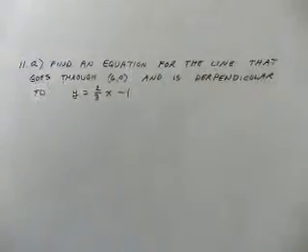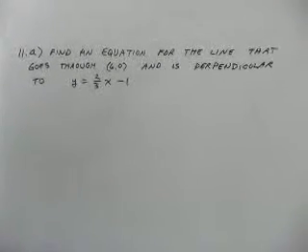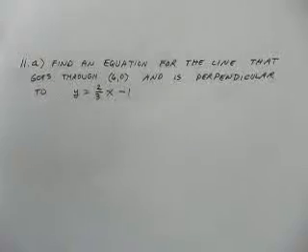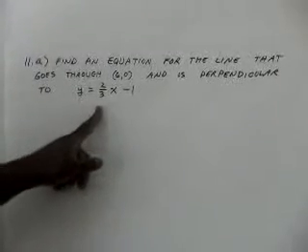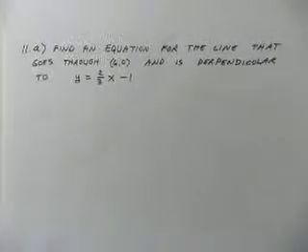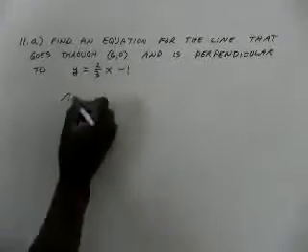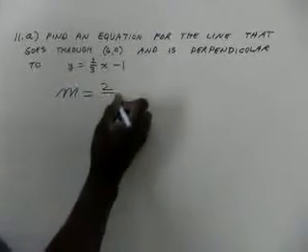Find an equation for the line that goes through the point 6, 0 and is perpendicular to the given line, y is equal to 2/3 x minus 1. This is problem 11a. Well, the slope of the given line is 2/3.